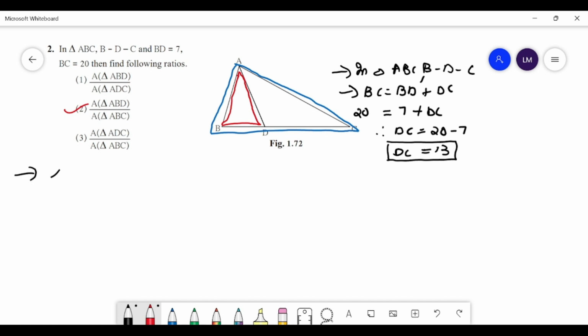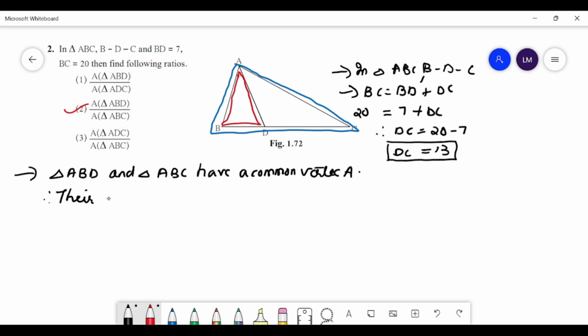Now triangle ABD and triangle ABC have a common vertex A. Therefore, their heights are equal.